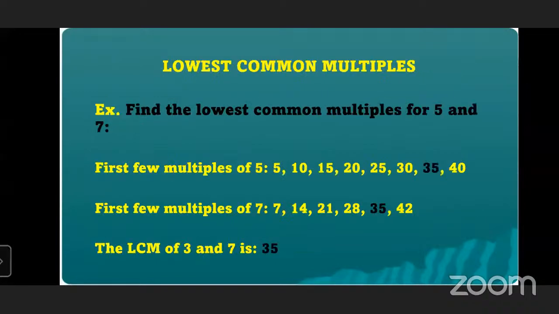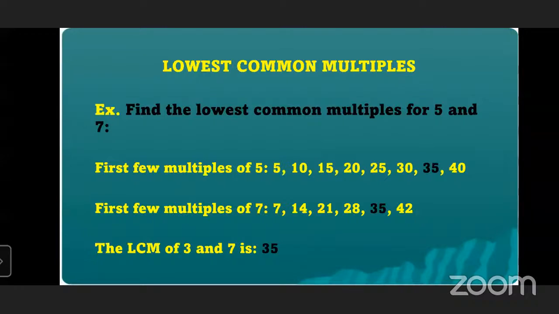Okay. Now find the lowest common multiple for 5 and 7. Now what we are going to do is check a few multiples of 5 and a few multiples of 7. Now, which are the multiples of 5? 5, 10, 15, 20, 25, 30, 35, 40, and so on.